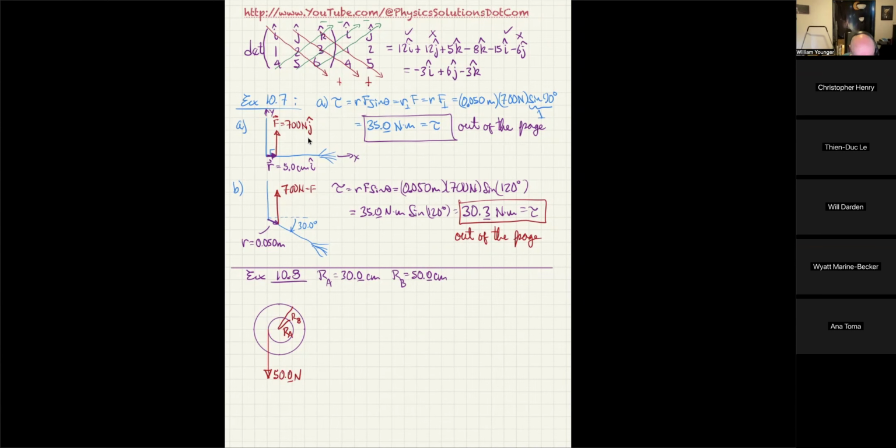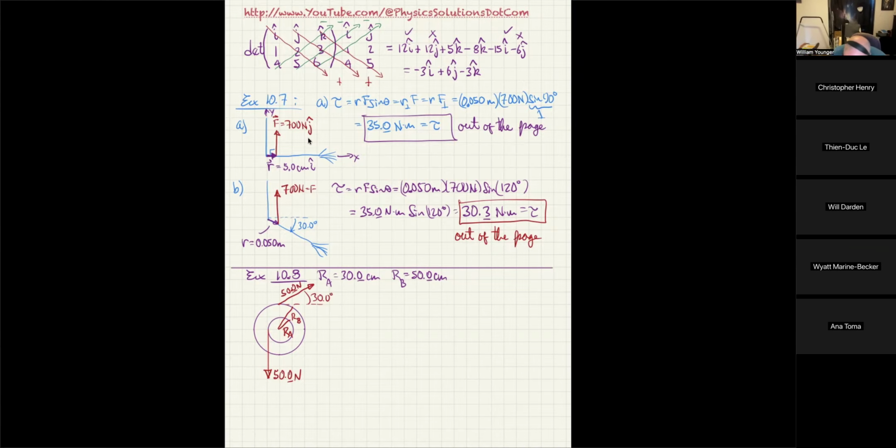But this other force is a little odd in that it is tilted upward at an angle of 30 degrees from the horizontal.